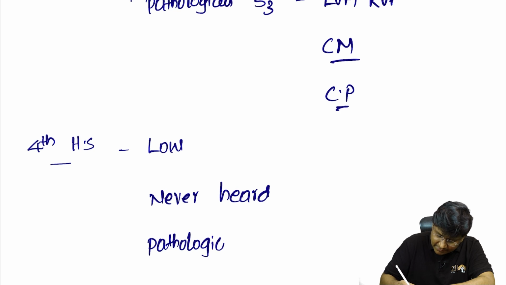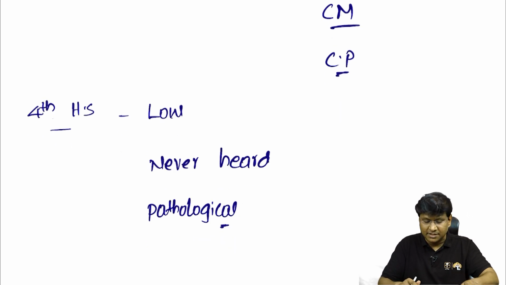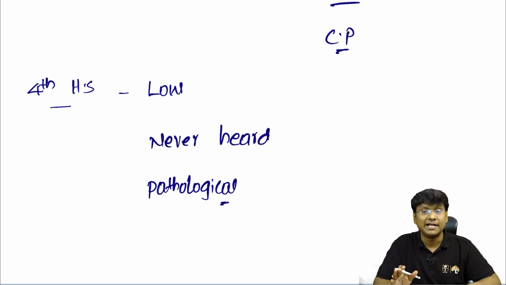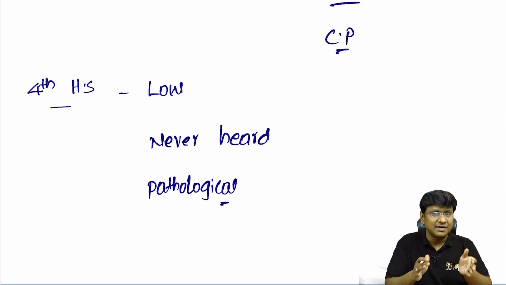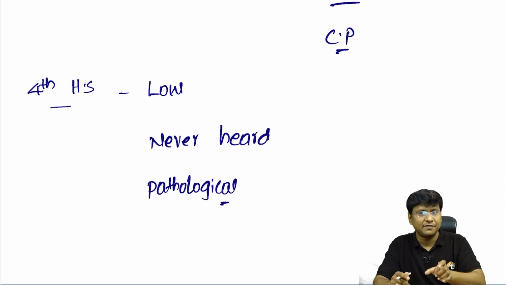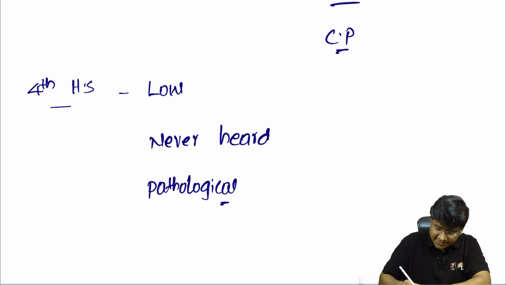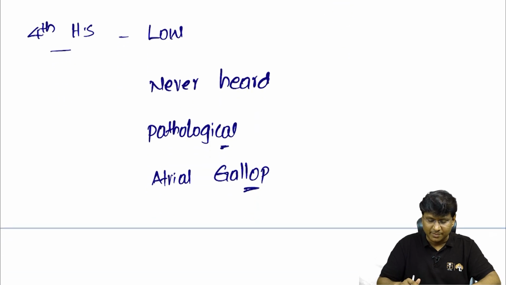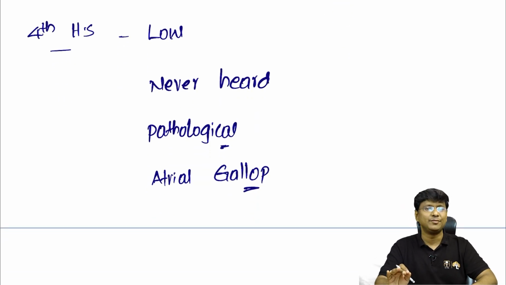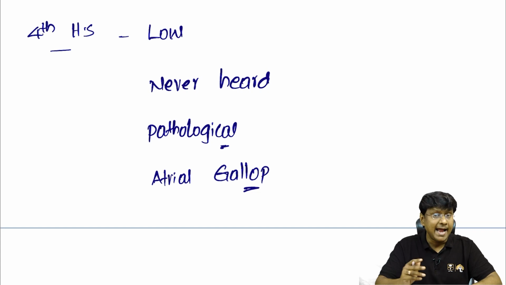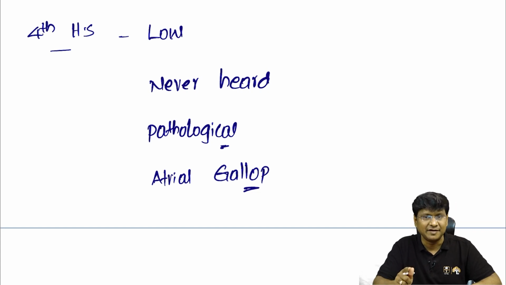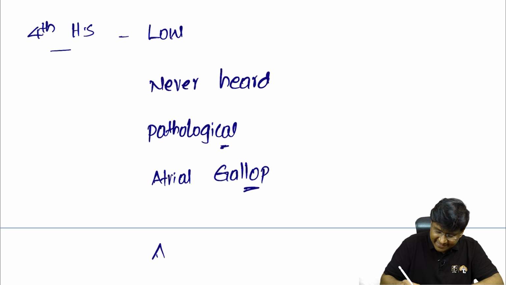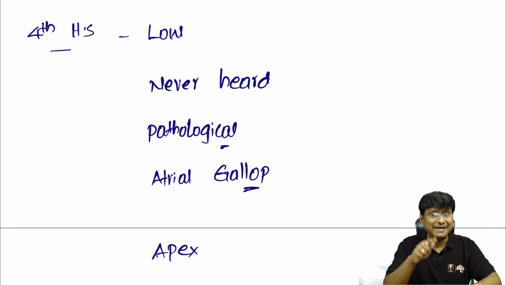In a normal individual we can listen to it only with the help of a phonocardiograph. If you listen to a pathological S4 with a stethoscope, we call it the atrial gallop. It is heard during the second rapid filling phase, and best heard at the apex with the bell of the stethoscope.